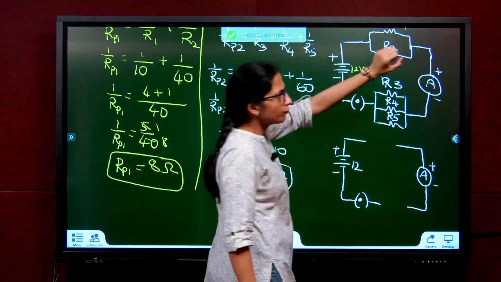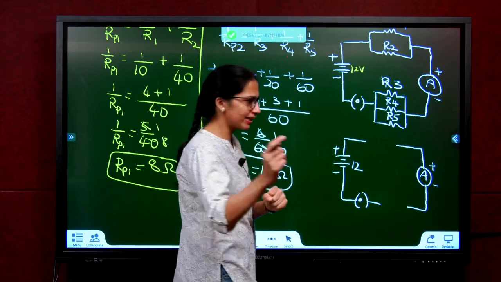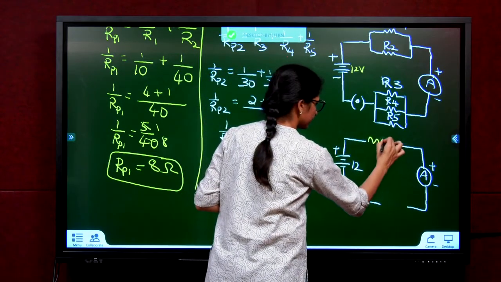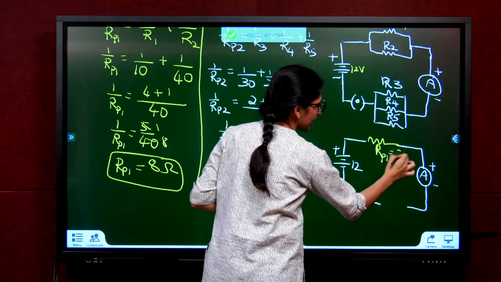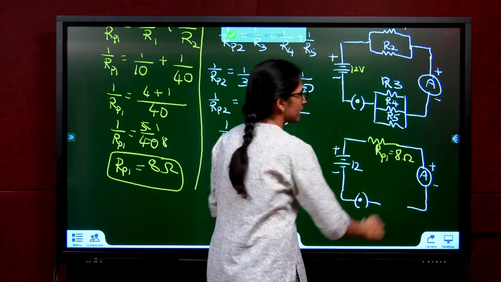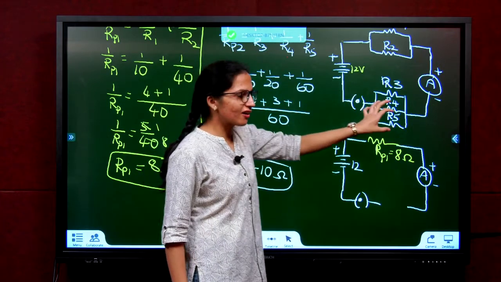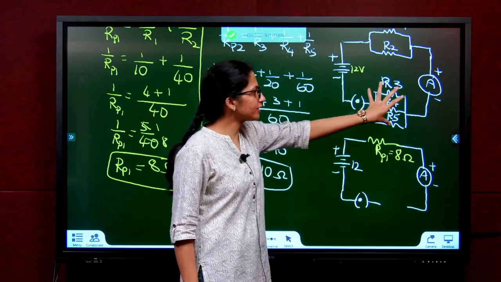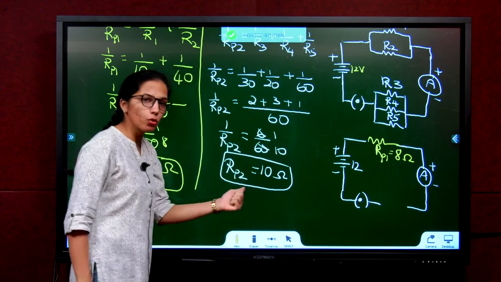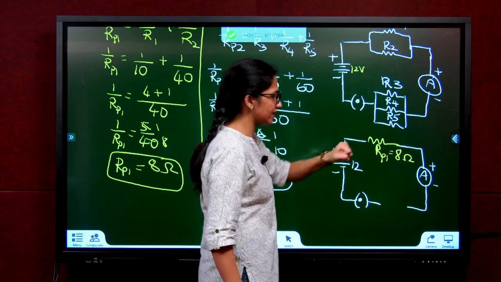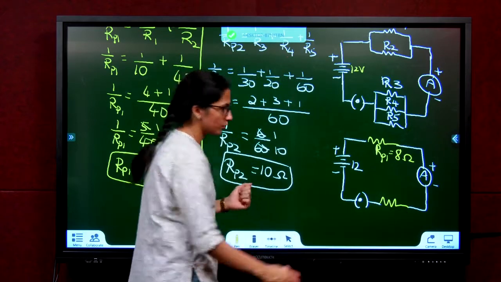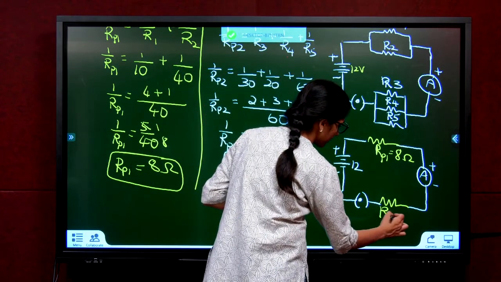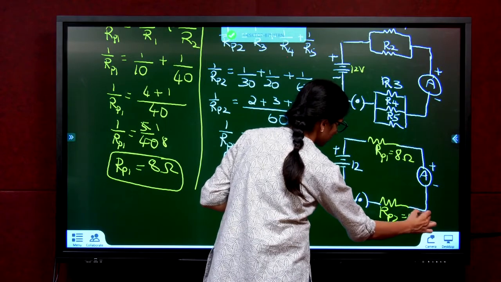I will remove these two and put its equivalent value here. Now, this R3, R4, R5 is there, no? I know their equivalent value, RP2. I will remove these three and put RP2, which is 10 ohms.